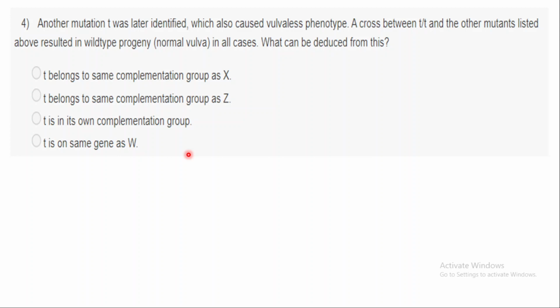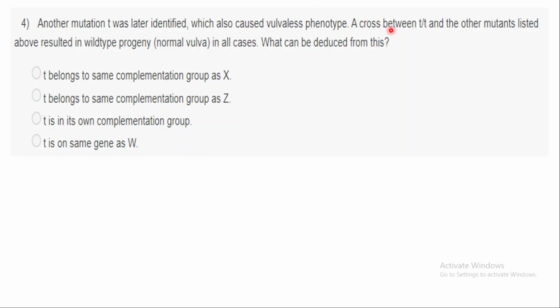A cross between T and the other mutants listed above resulted in wild type progeny in all cases. So we have identified a new mutation T, which is crossed to all those previous mutations V, X, W, Y, Z, and now we have wild type in all cases. T was earlier a vulvaless phenotype, but upon crossing with all these previous mutations, it is wild type.